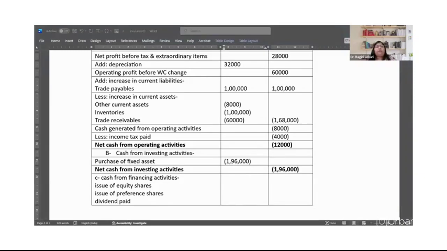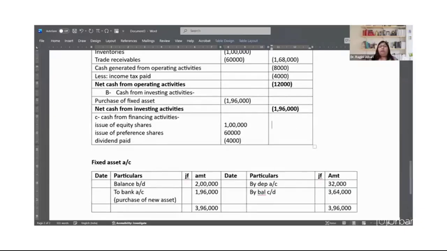So let us see how much cash has been received. From issue of equity shares, this year the company received cash worth 1 lakh. Then from preference shares, the company received cash worth 60,000. And then dividend has also been paid, which is 4,000. So finally, what is the net here?